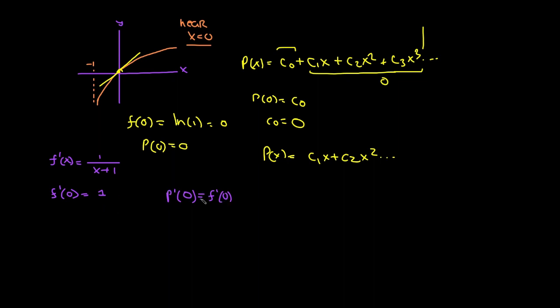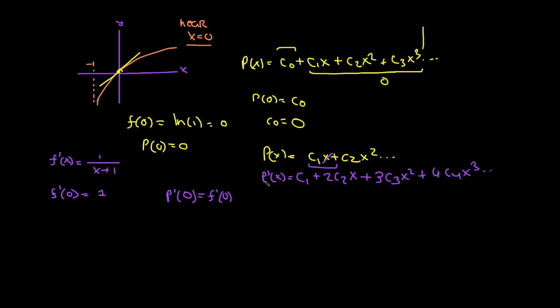Alright, and so now we have to find the derivative of our polynomial. When we look at this, we can say that, well, this x just cancels out, just leaves us with c1, and then this 2 is going to jump down in front of the c2, leave us just with an x, and then if I go one term further, it's going to be 3 times c3 x squared, and then another is going to be like that, and it just goes on and on like that.